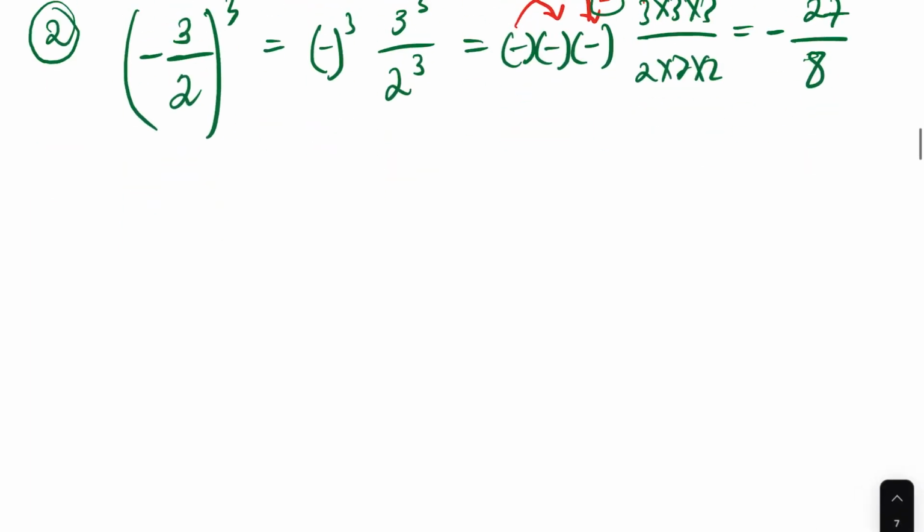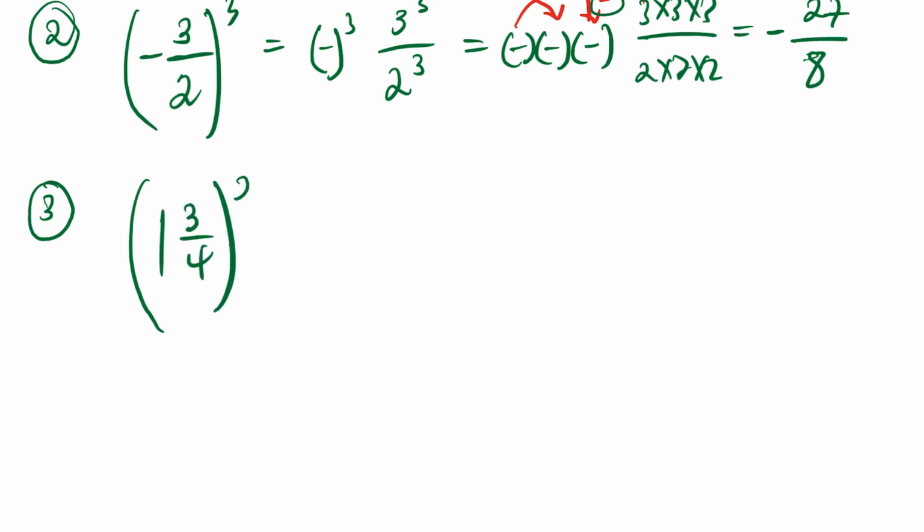Right. Now we got to the cube. Okay, let's look at this one now. Let's say we have a mixed fraction and then we square. In the mixed fraction we square, the first thing you need to do is fix the mixed fraction.